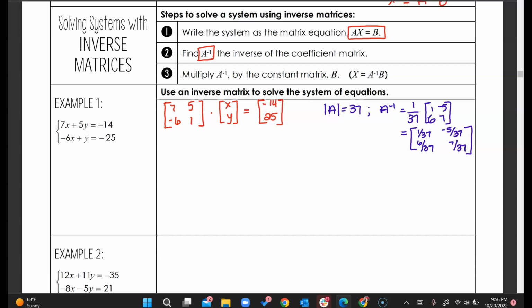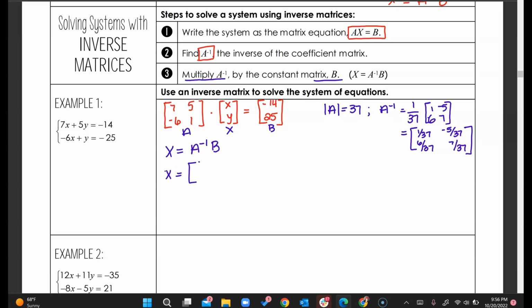Now we're going to multiply A inverse by the constant matrix B. So we're going to have X equals A inverse times B. Remember, this is our B here, this is our X, this is our A. So X equals A inverse.